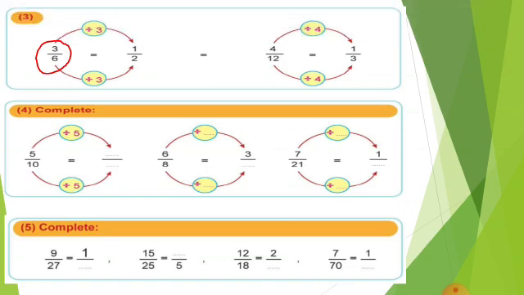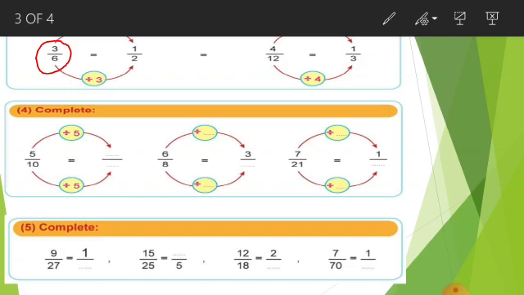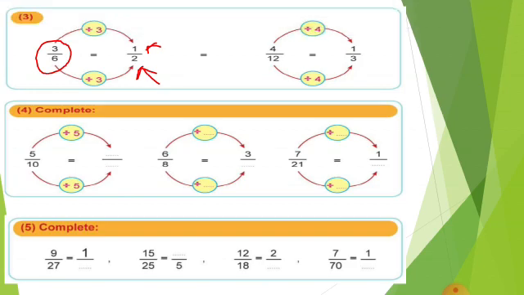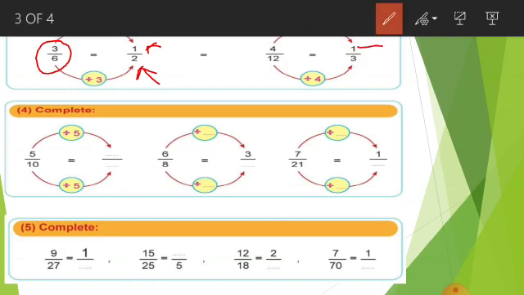When I simplify, I will use the division operation. 3 divided by 3 equals 1. 6 divided by 3 also equals 2. Then 4 over 12: 4 divided by 4 equals 1, and 12 divided by 4 equals 3.